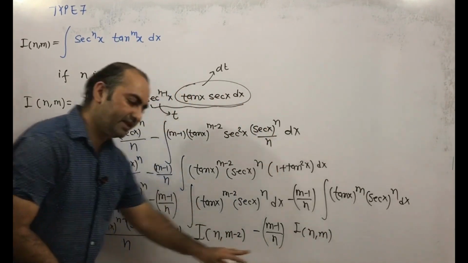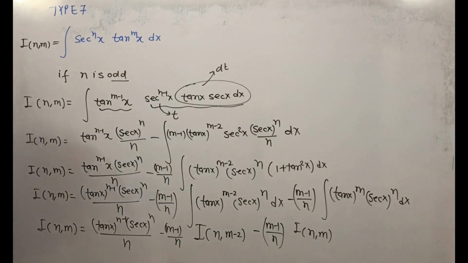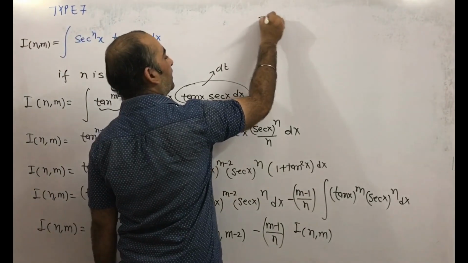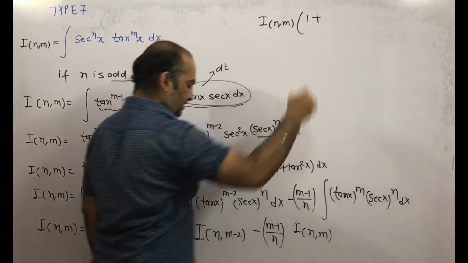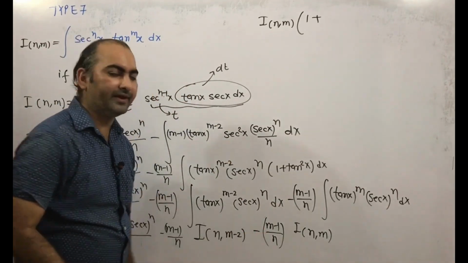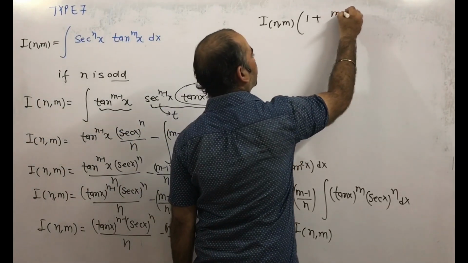Now this term we take to this side, so I(n, m) is common: 1 plus (m-1)/n.